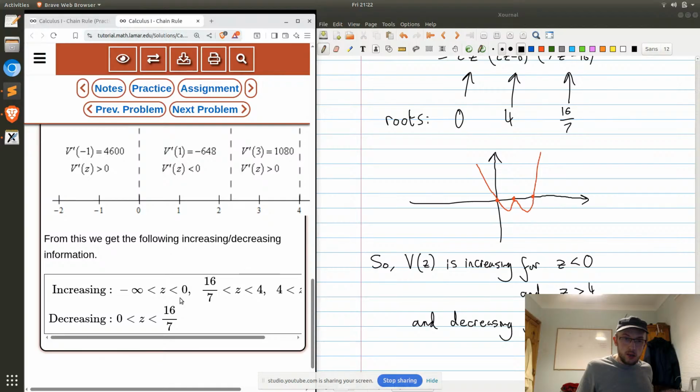Okay, so I got the increasing bit. And that bit's okay-ish. But I didn't know about this. Darn it.